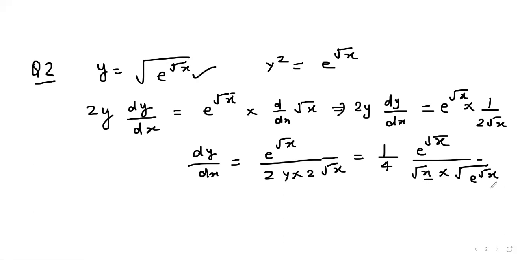We can put this root x and e power root x together. So 1 upon 4, e to the power root x divided by root of x times e power root x, which is our answer. Now let's see the next question.